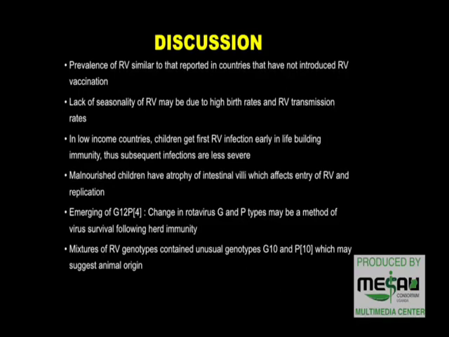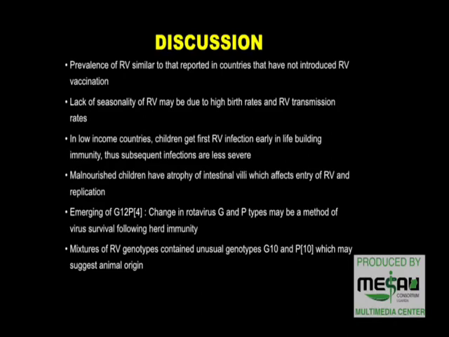Also, most of our children were below 2 years old, and this has been explained by what has been observed in low-income countries, where most children get their rotavirus infection early in life and then build immunity. Since we're looking at hospitalized cases, that's why we had few children above 2 years with rotavirus infection.